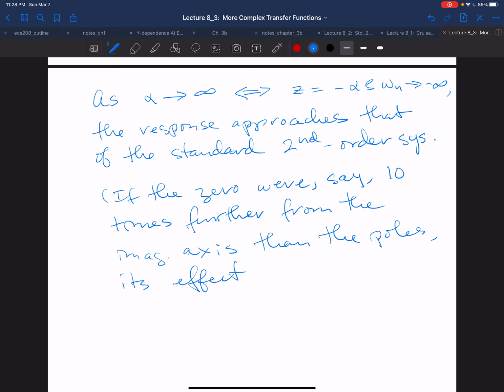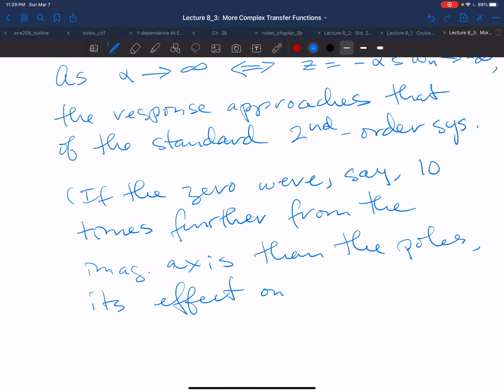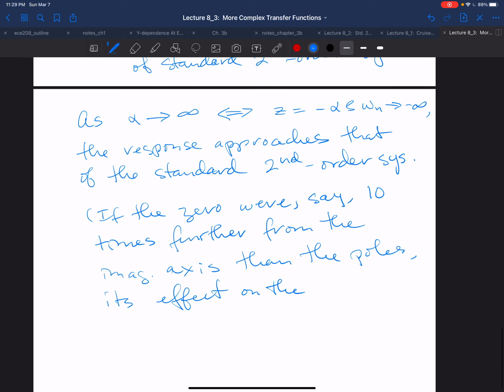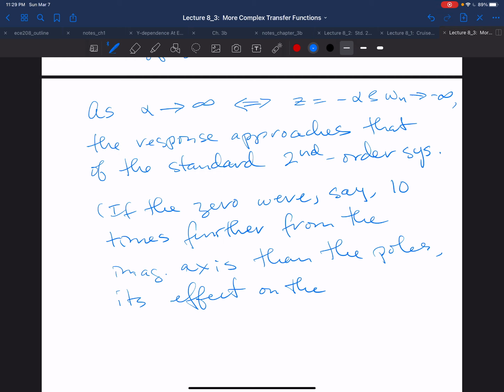You still have to take account of it when you're doing things like finding, say, the final value of the response, that sort of thing. Well, in this case, the final value is again going to be 1, but there are times when you'll still have to take account of the 0. Its effect on the transient response can be ignored, and it won't have any effect on the steady state response.